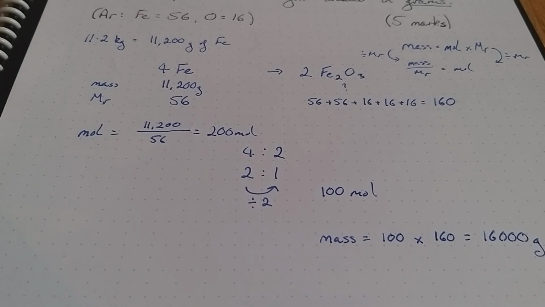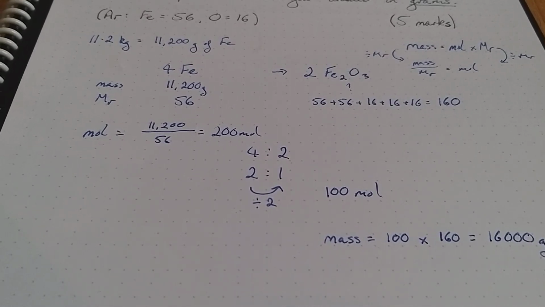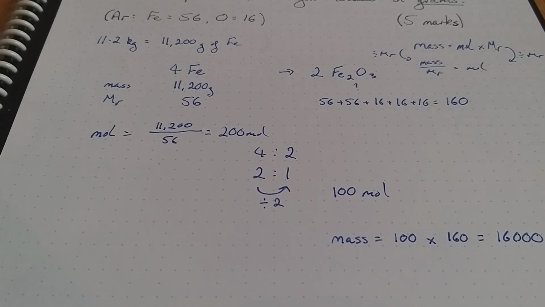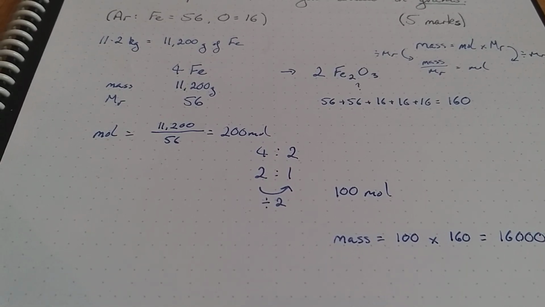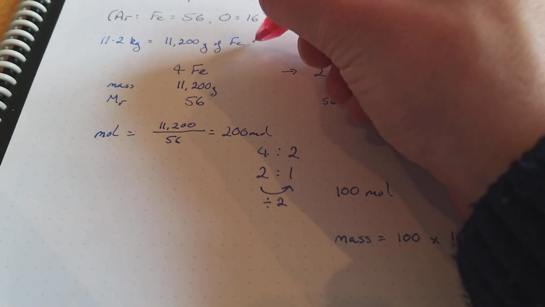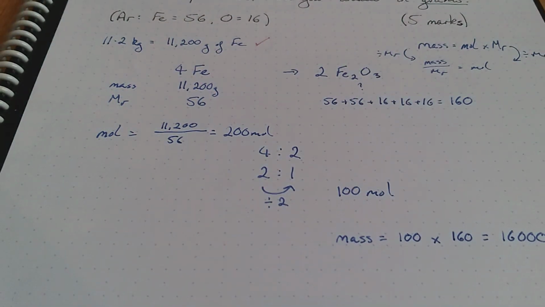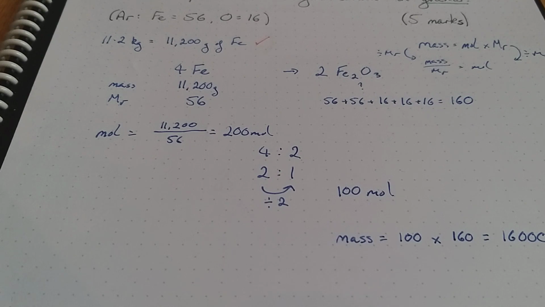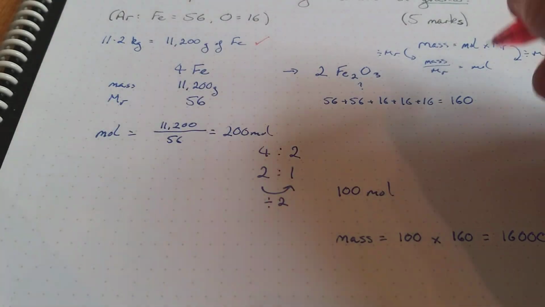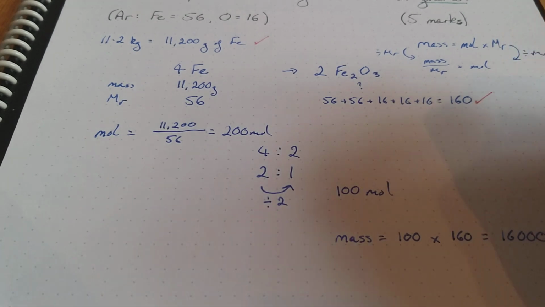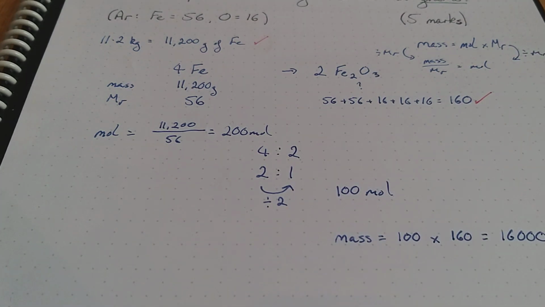as our final answer. Okay, so let's just go over the question and see where we would pick up these 5 marks. Well, in this example, you would get 1 mark for the conversion that we did at the start of kilograms into grams. You would get 1 mark for calculating the relative formula mass of iron oxide, which is 160.